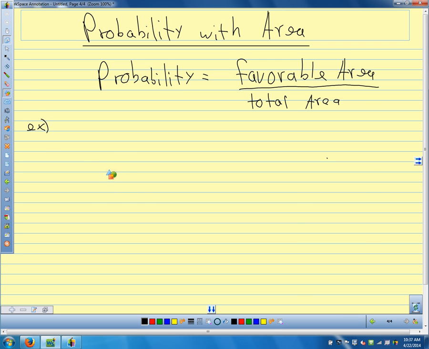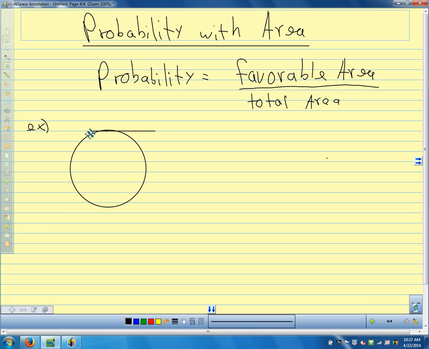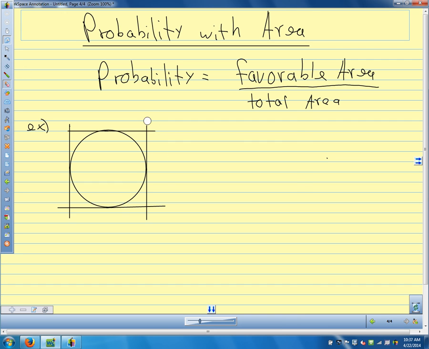So I'm going to have a circle here and see if I can draw a decent picture. Came out pretty well last time. So we're going to put this circle perfectly inside a square. All right, that one turned out not too bad.